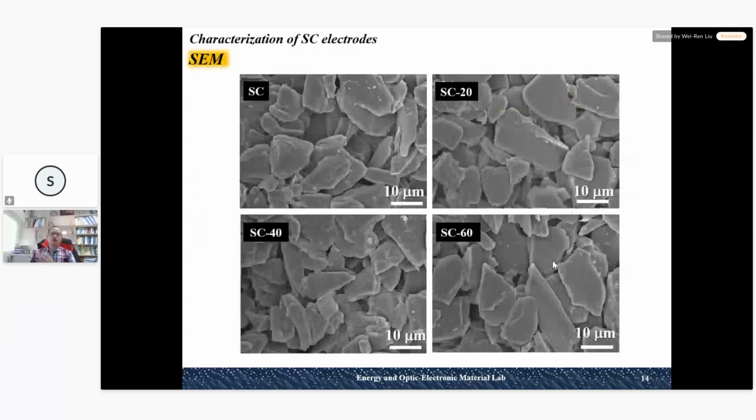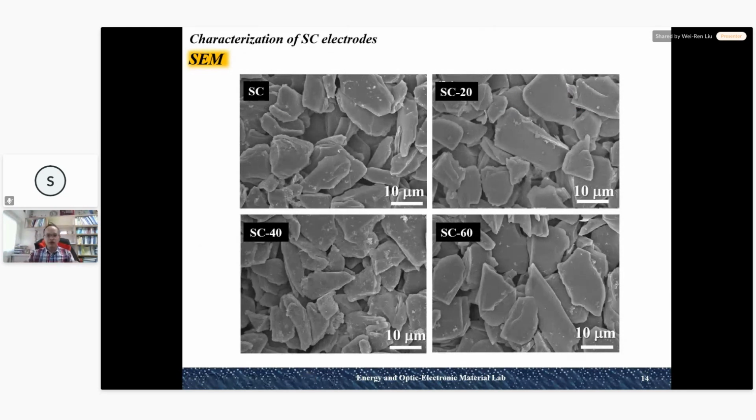So we also use the SEM to see the surface morphology before and after the plasma treatment. So you can see here for the pristine, the particle size of the soft carbon is about 10 micrometers. So after the 20 times, 40 times, and 60 times, the surface morphology is very similar.